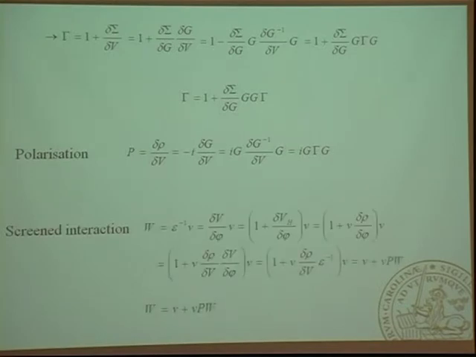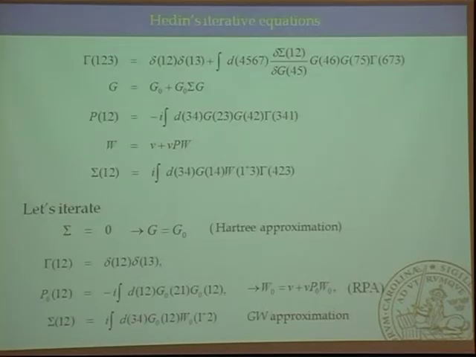Probably I would not go through all these details, but I have it in the slides, so you can read it later if you like. We'll have this on the website. If you do the same kind of manipulations, you end up with a closed set of equations. It's sometimes called Hedin's equations.